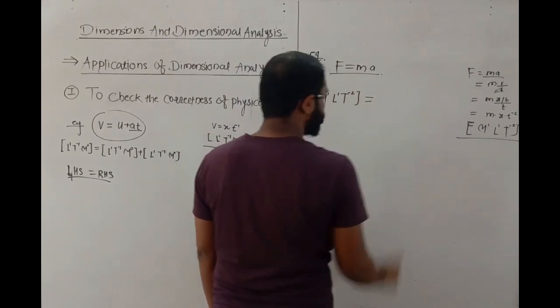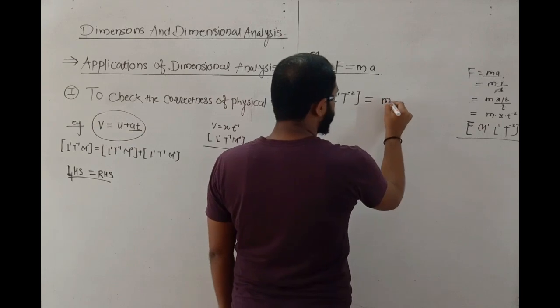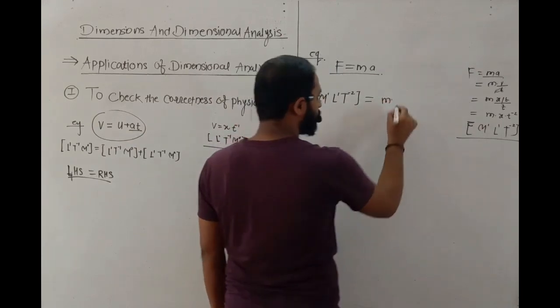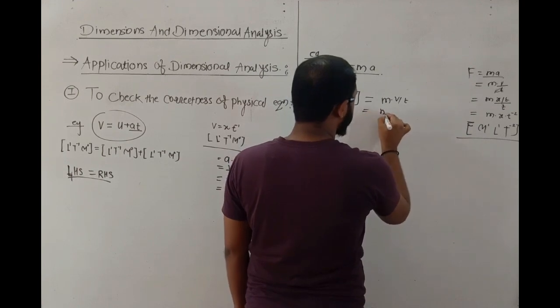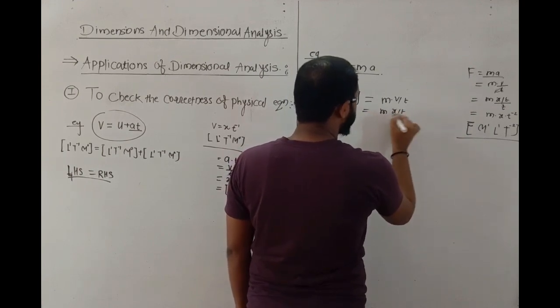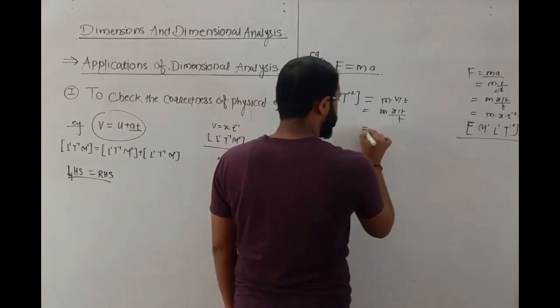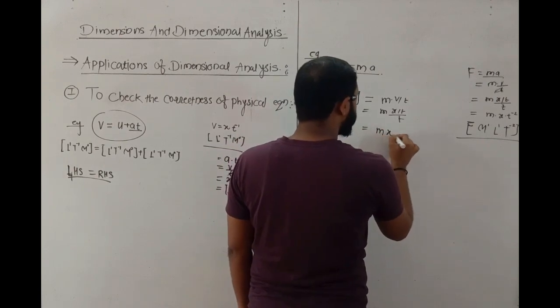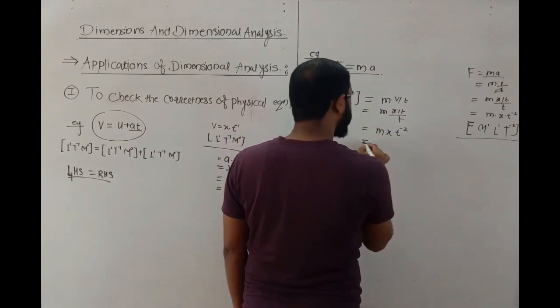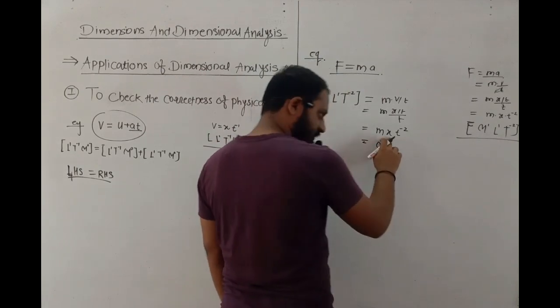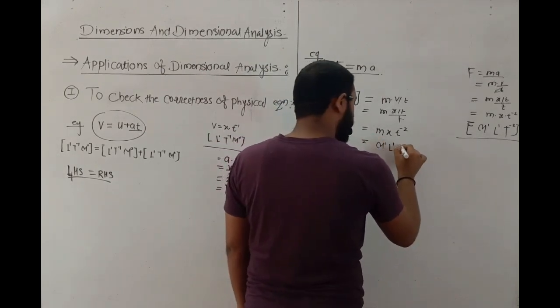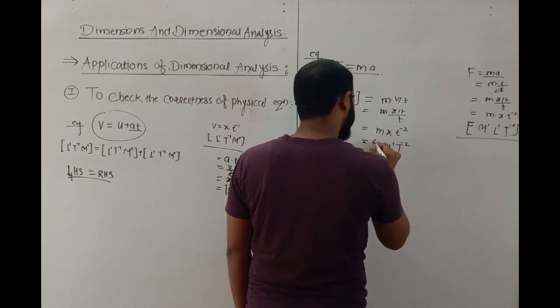Now, on the right hand side, there is mass into acceleration. Acceleration is nothing but velocity per unit time, and velocity is nothing but displacement per unit time. That's why m into x, t minus 2. Therefore m is replaced by capital M, x is replaced by L1, and t is replaced by T minus 2.